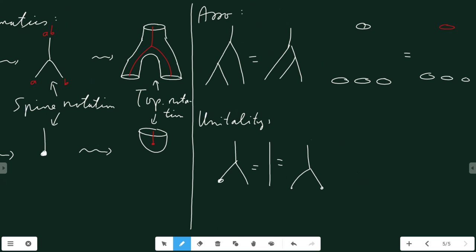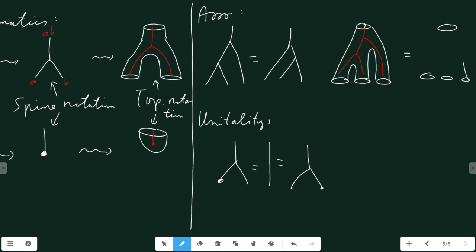Oops. And, well, it looks like this. Right? You can see the spine here. And this is really, I mean, it's just a height loop, right?